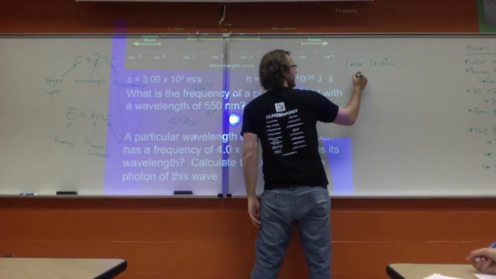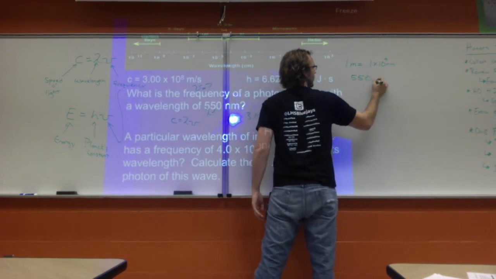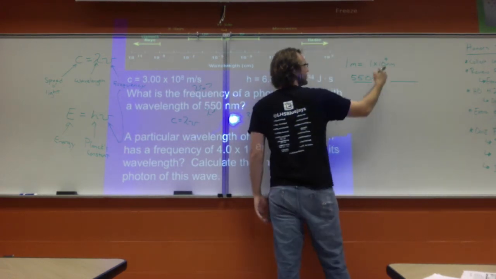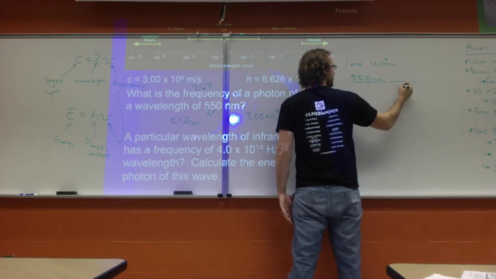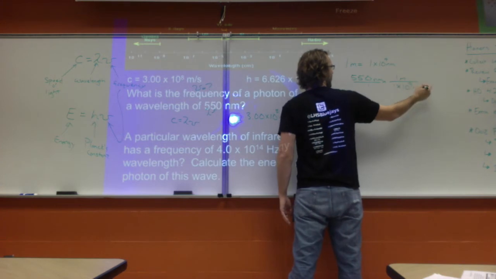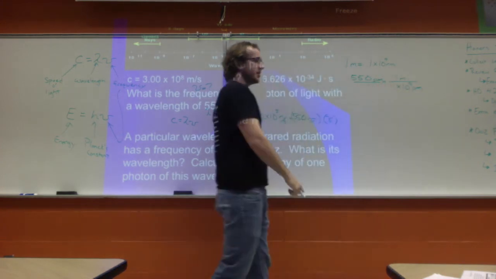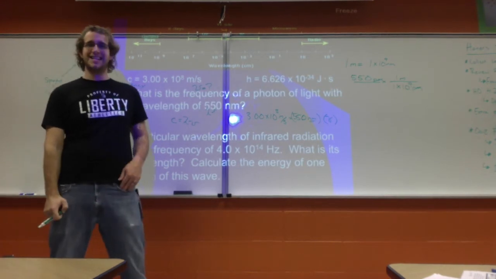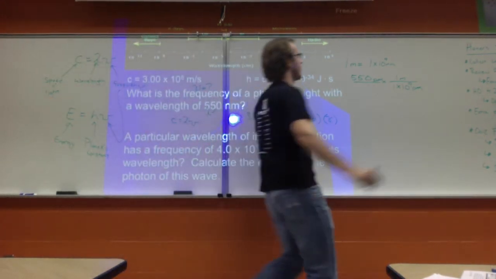So I'm just going to pull out the 550 and put it over 1. Nanometers go on the bottom, and there'll be 1 meter on top. Somebody got a calculator handy? What's 550 divided by 1 times 10 to the 9th?